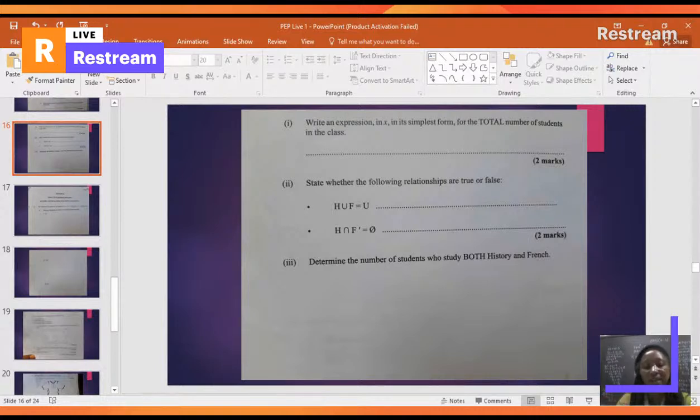State whether the following relationships are true or false. The first one says H union F is equal to the universal set.